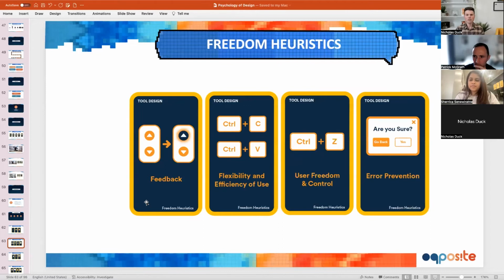We also have some heuristics designed to afford the user some freedom. Some really good examples of what we've dubbed freedom heuristics are usually related to software.